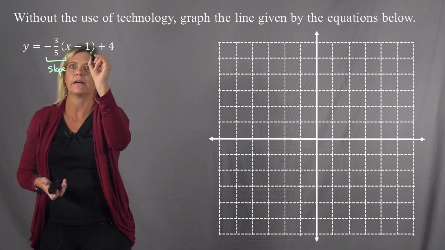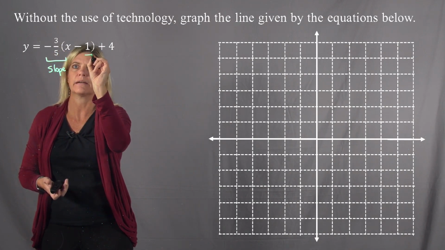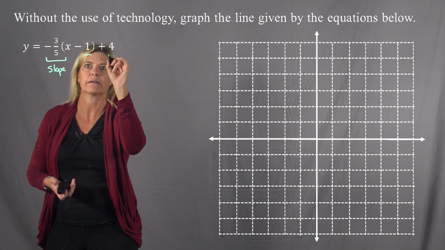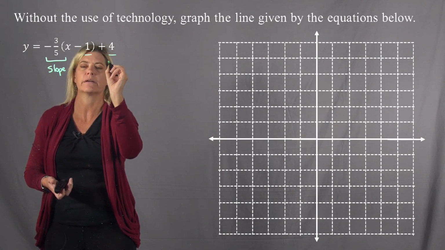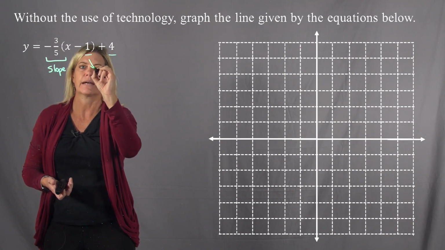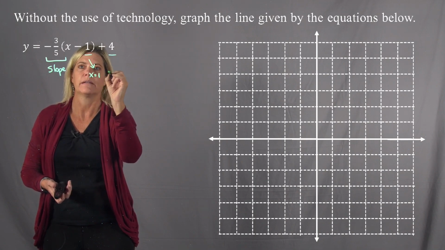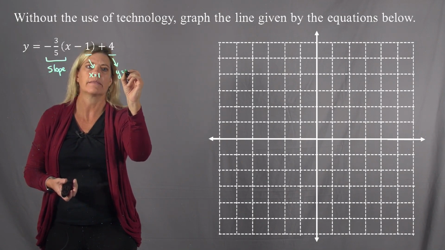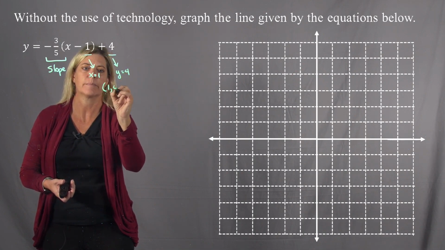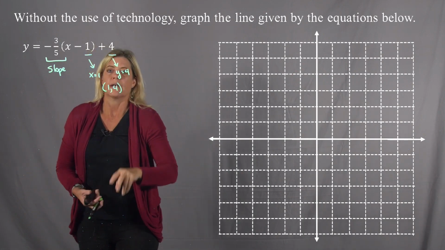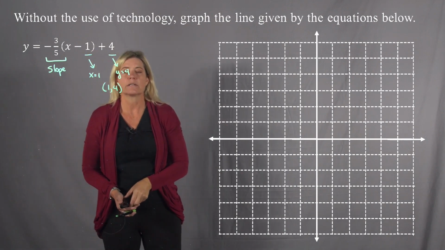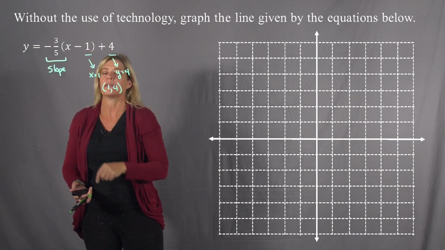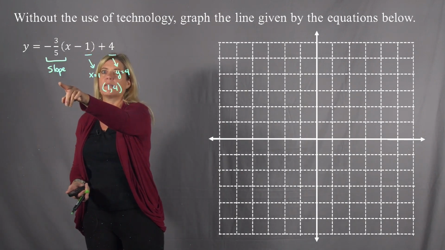And then I know that this is representing 1 point on the line here, this 1, 4. So I know that when x is equal to 1 and y is equal to 4, that's going to be a point on this line. So I could write it as 1, 4. Okay, so I know that the point 1, 4 is on the line. I just picked that out from the equation that I have here, and then I know that my slope is a negative 3/5.